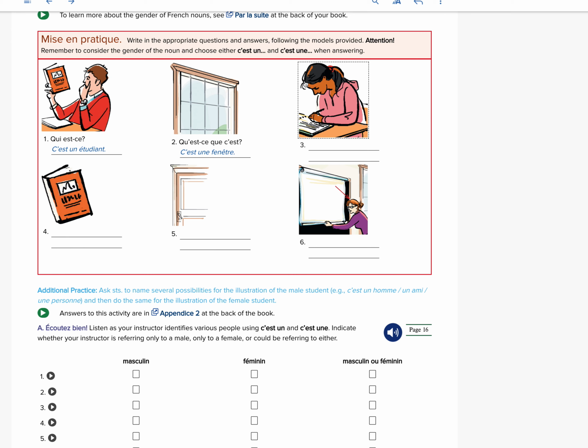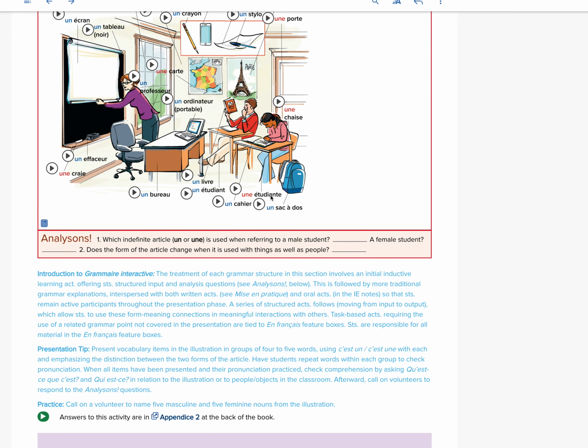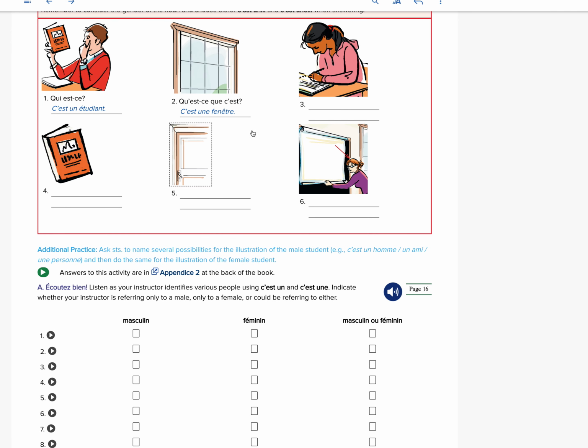Here you have a person, right? Do you use qui est-ce or qu'est-ce que c'est? Qui est-ce? C'est une étudiante. You use the feminine version, right? Une étudiante. C'est une étudiante.